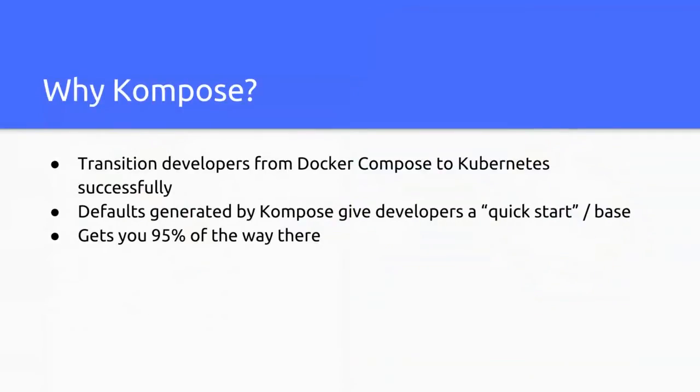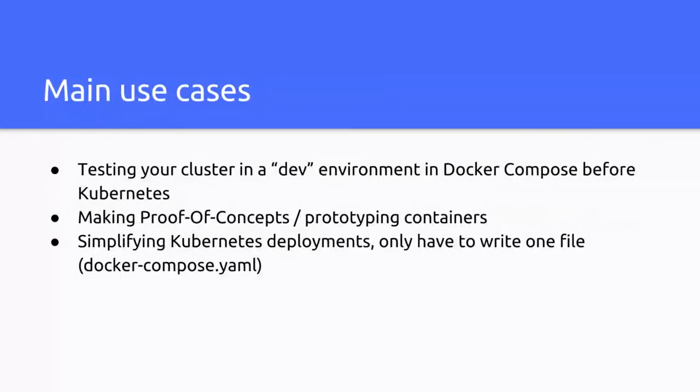It will transition your developers from Docker Compose to Kubernetes very successfully. Though Docker Compose was not made for Kubernetes, so there will not be 100% transmission, it will get you 95% of the way there. And the defaults generated by Kompose will be the base or the POC for your use case.